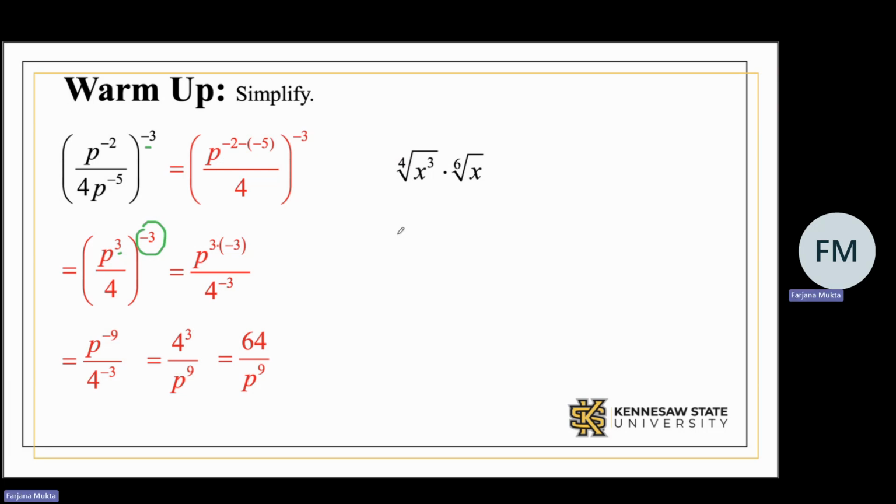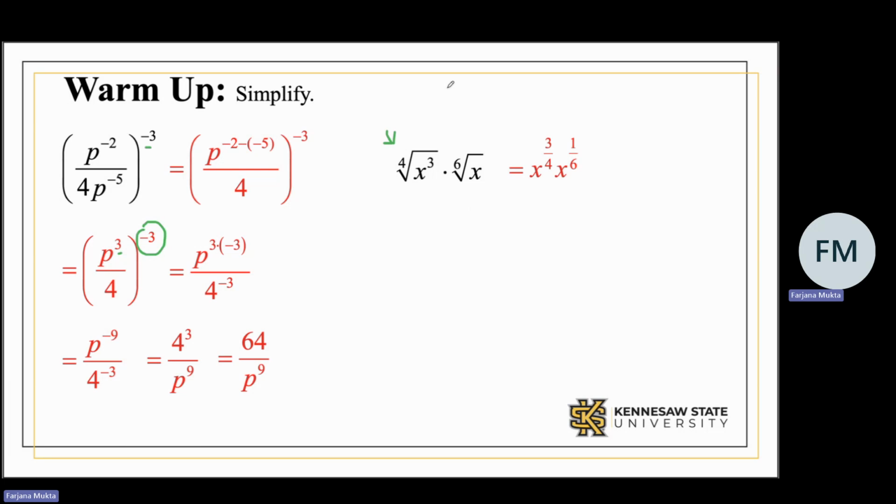So the next problem, we have the fourth root of x to the 3 times the sixth root of x. By the property, the fourth root can be written in power form as 1 over 4, and the sixth root can be written in power form as 1 over 6.